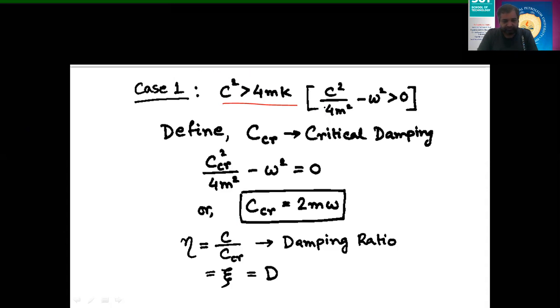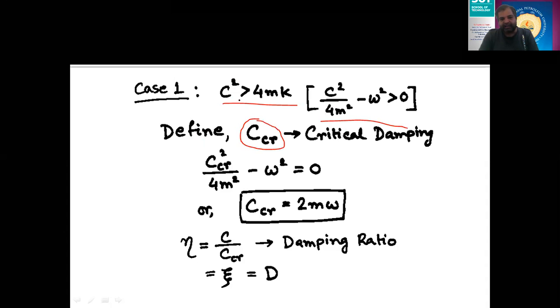So let's see case number 1, the overdamped case. The condition we have established is C squared is greater than 4mk, from the equation C squared by 4m squared minus omega squared is greater than 0. Now when C is equal to the critical damping C_cr, this equation becomes equal to 0.